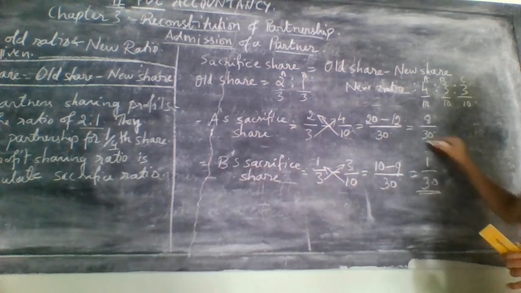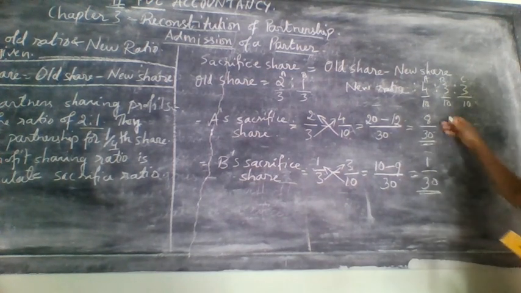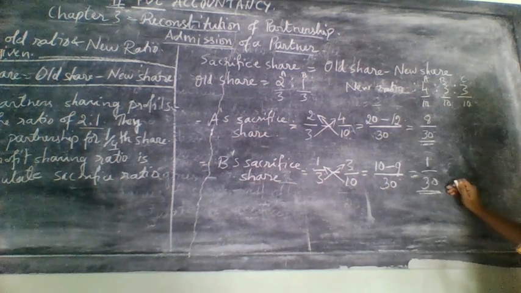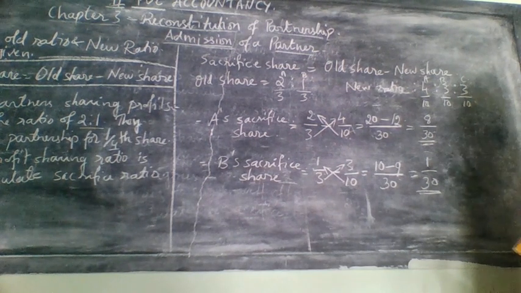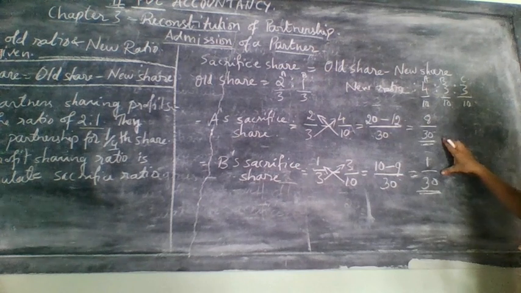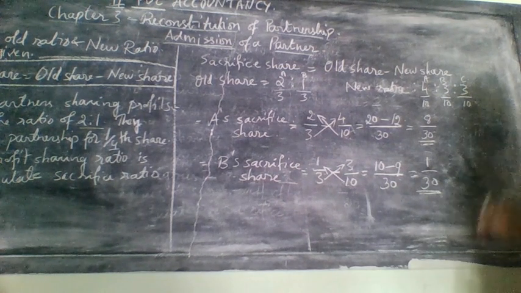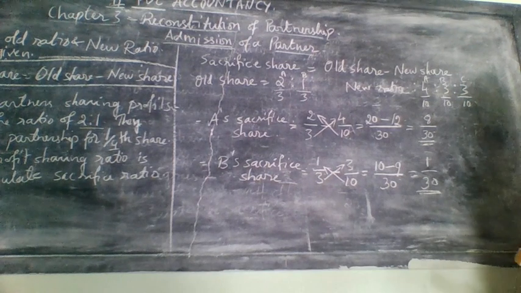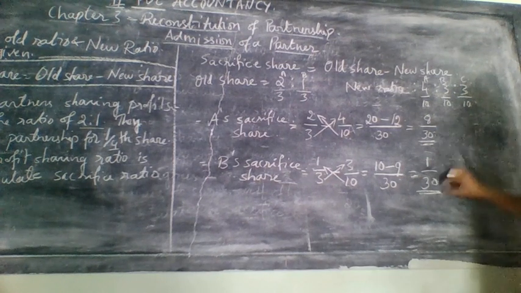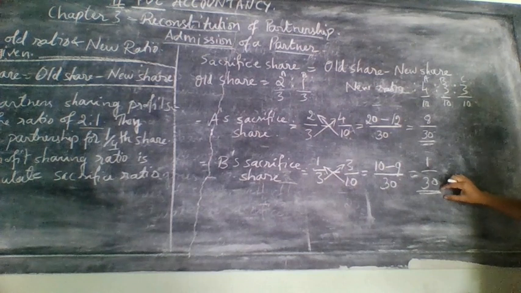See, in this case A and B have the same denominator. That's why you can consider this numerator as a ratio. If the denominators are not the same, again you need to convert into the same denominator and then you need to get the ratio. But here both denominators are the same.